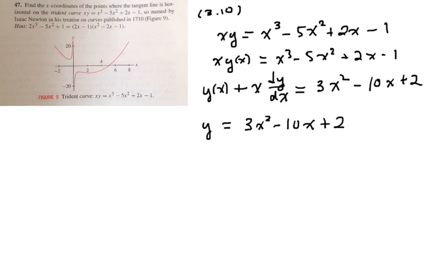Because if dy/dx is equal to 0, then this x times dy/dx term is 0, and we just don't have it anymore. Let me write that down. So now we have y equals 3x squared minus 10x plus 2. And we need points on the curve that satisfy this equation.